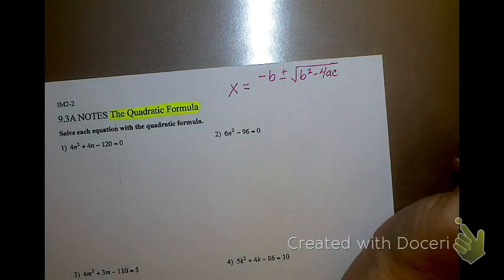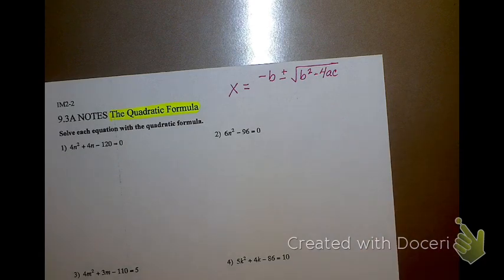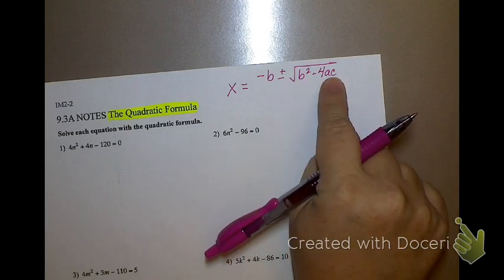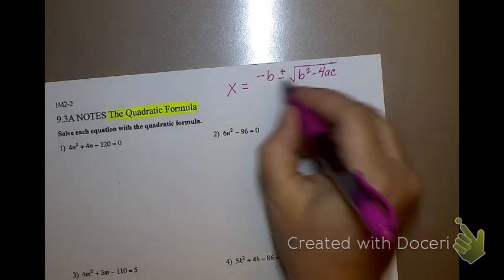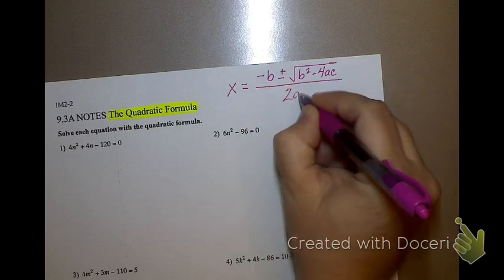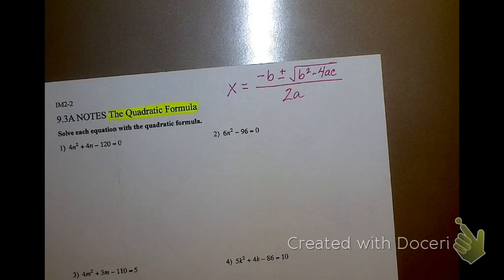Now, hang on. I'm going to be specific here because some people like to start writing quickly and then they forget things. The whole b squared minus 4ac, that whole thing is under the radical. Okay? And then the whole kit and caboodle there is over 2a. Okay? Now, that is something that you are going to have to memorize.